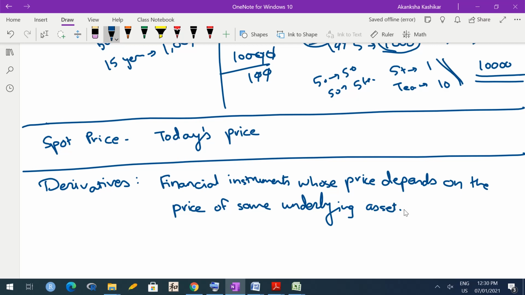So the underlying asset is different, but the price of that asset is going to control the price of this new financial instrument, which would be known as a derivative.